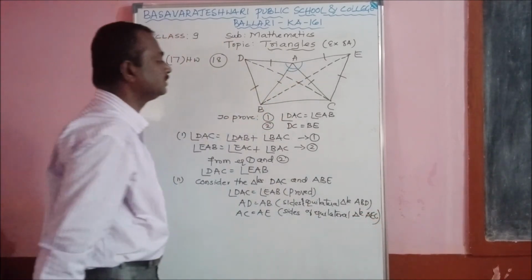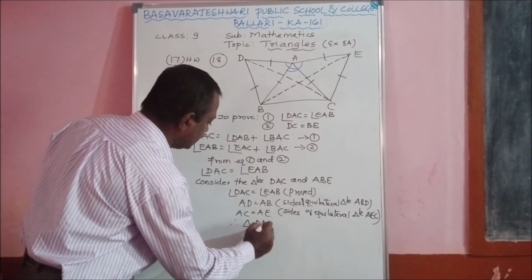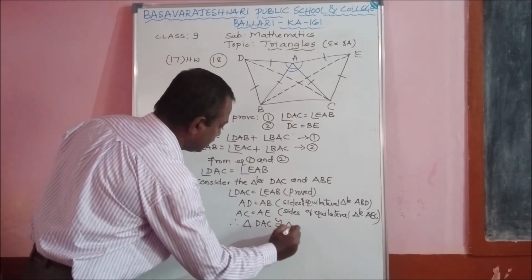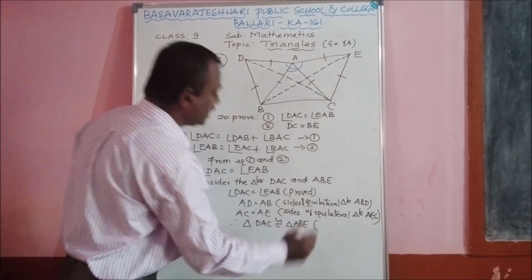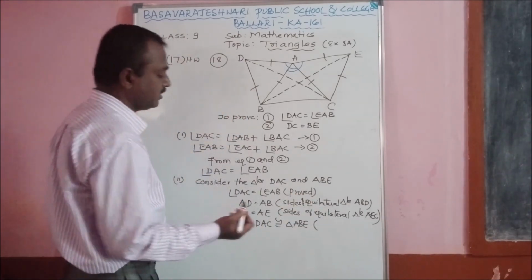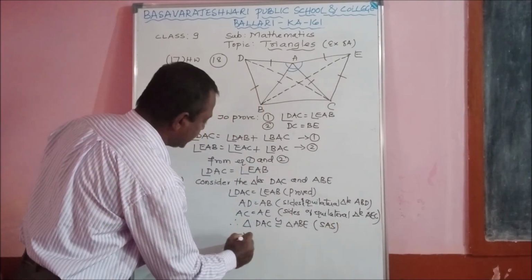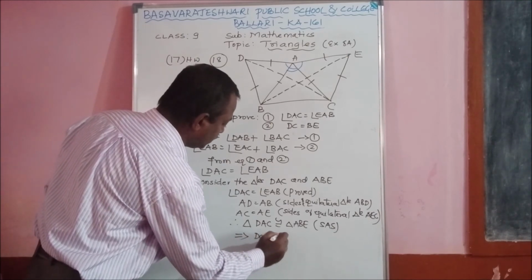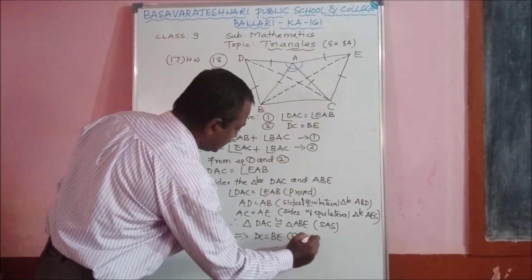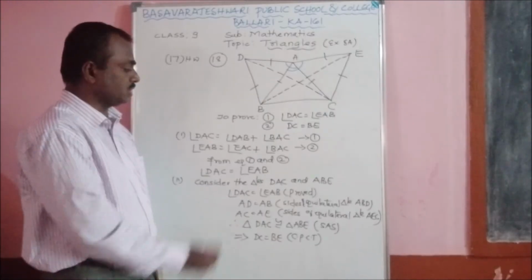Therefore, two triangles are congruent. On what basis they are congruent? Definitely it is SAS. Yes. So this implies DC is equal to BE. So note down this.